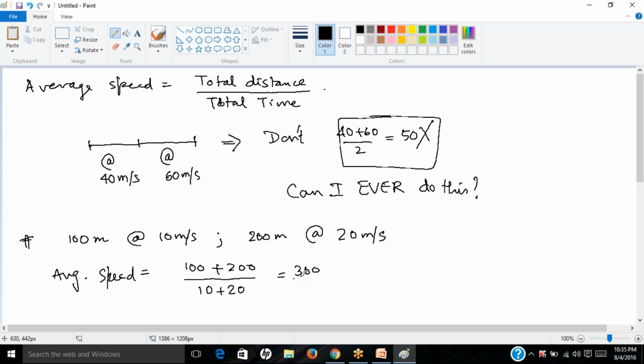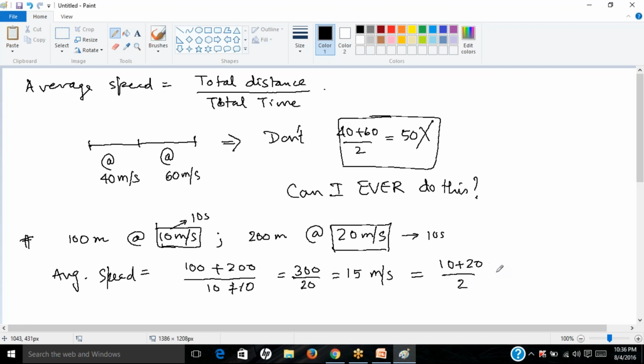Oh sorry, I forgot to calculate the time. The time in the first case is 10 seconds and the time in the second case is also 10 seconds. So it is 15 meters per second, which is nothing but 10 plus 20 upon 2. The speeds, 10 plus 20 upon 2.